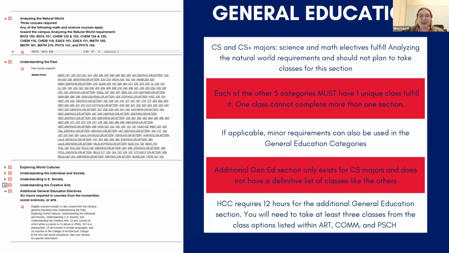CS majors with a human-centered computing concentration, you all will have 12 hours required for your additional gen ed elective section. You must take at least 3 classes from the provided list on your degree audit. If after the 3 classes you are still short of those 12 hours, then we can use other classes that fall under the additional gen ed criteria to make up those hours.